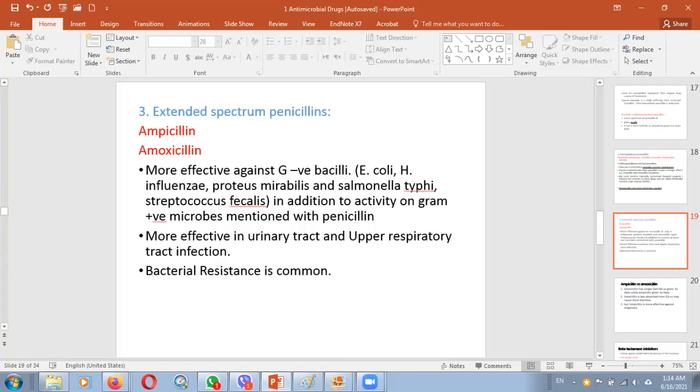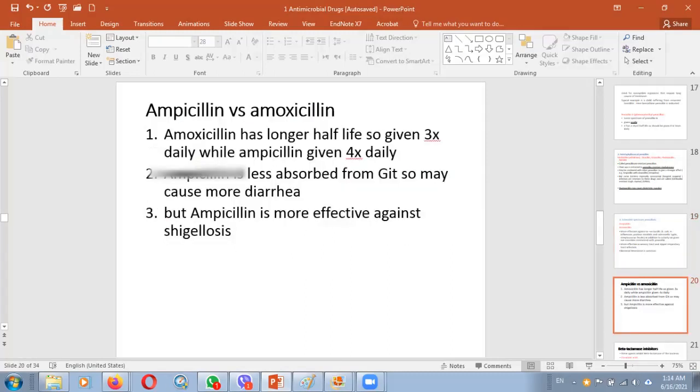They are more effective in urinary tract and upper respiratory tract infections. Bacterial resistance is common. There are some differences between ampicillin and amoxicillin. Amoxicillin has a longer half-life, so it is given 3 times daily, while ampicillin is given 4 times daily.